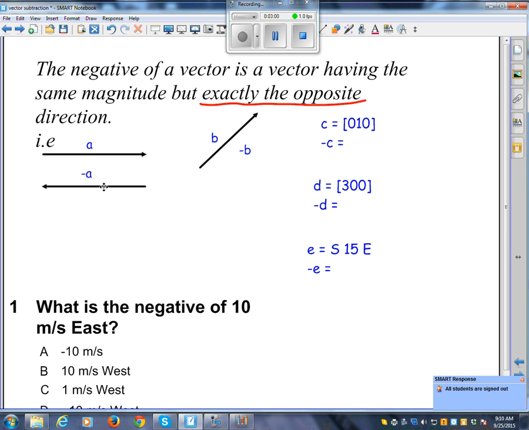Exactly the opposite. If vector B is up and to the right like that, well then minus B is down and to the left. Exactly the opposite. I'll pause there.